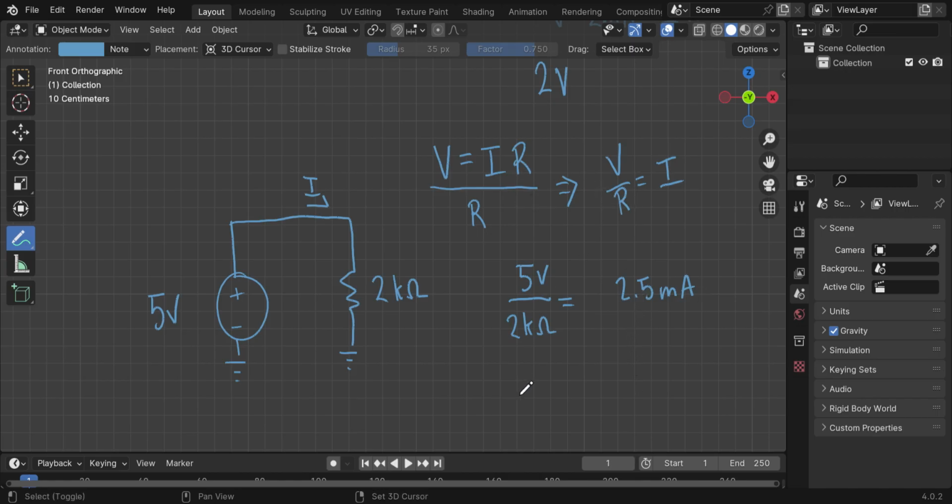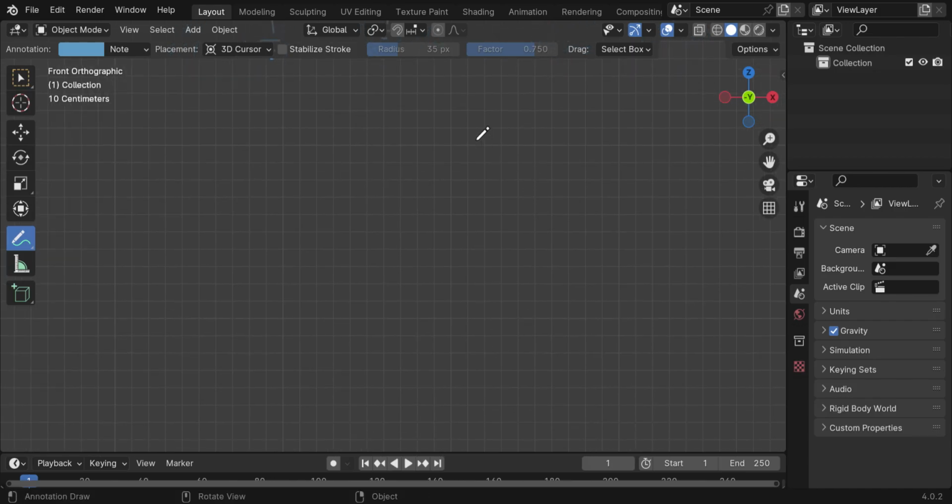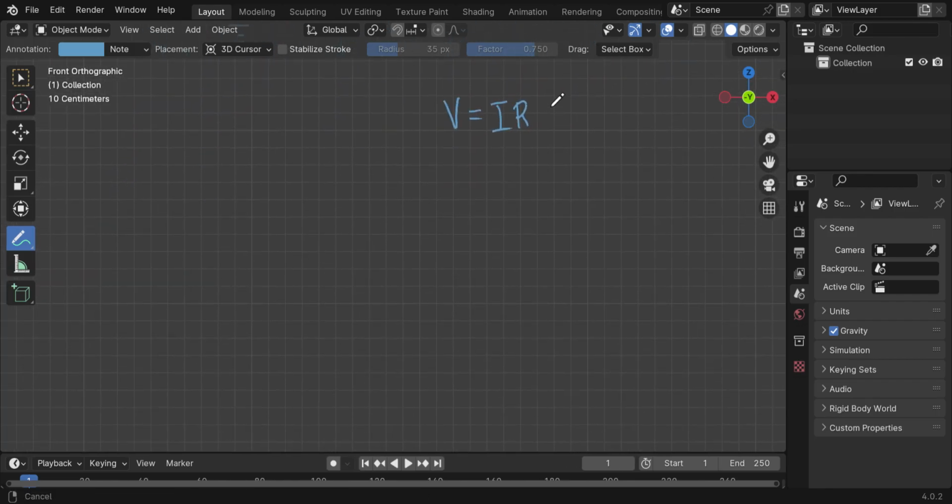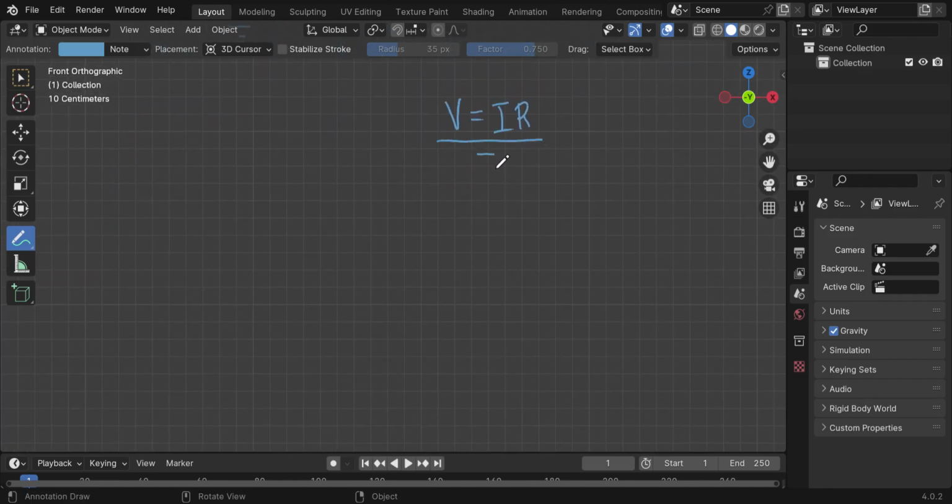Another thing we could have done with the Ohm's law formula, V equals IR, is we could have divided both sides by the current. If we do that, we get voltage divided by current equals the resistance.